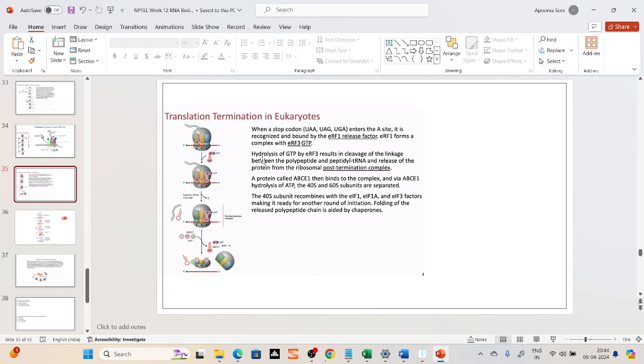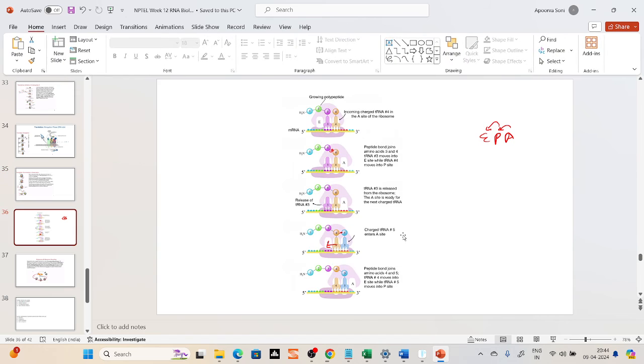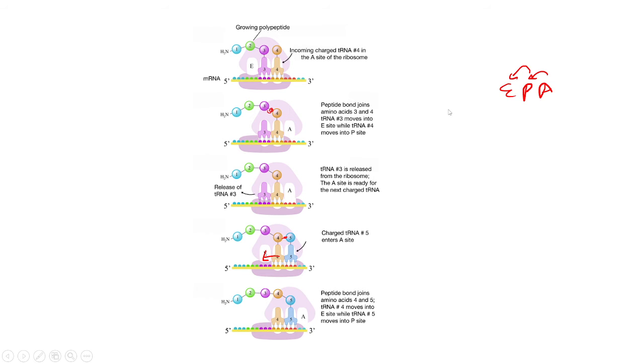So now how does the termination happen? When a stop codon enters the A site, it is recognized and it is bound by the release factor. Here we have studied that incoming amino acids come and bind to the A site. Now a stop codon comes and binds to the A site.